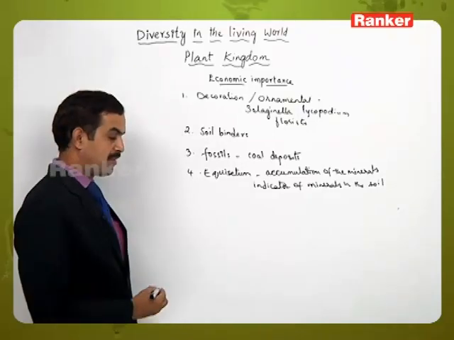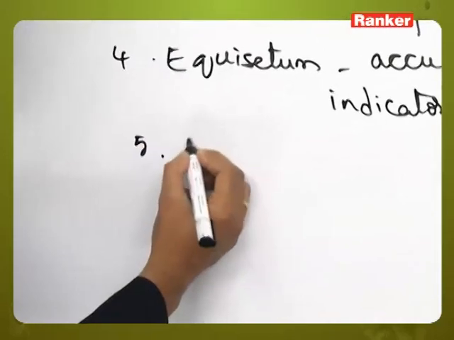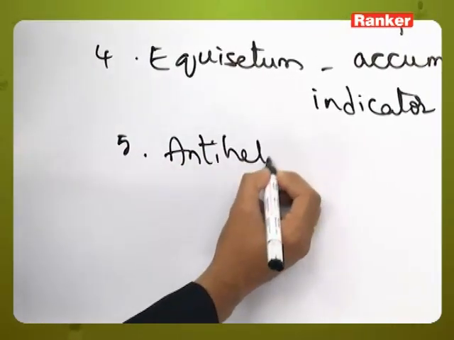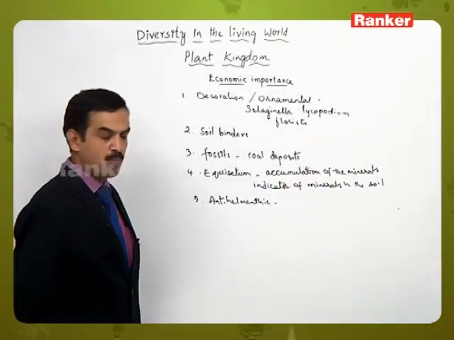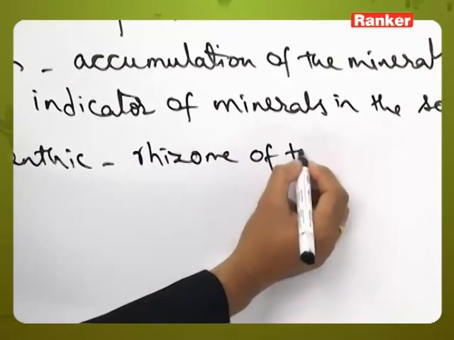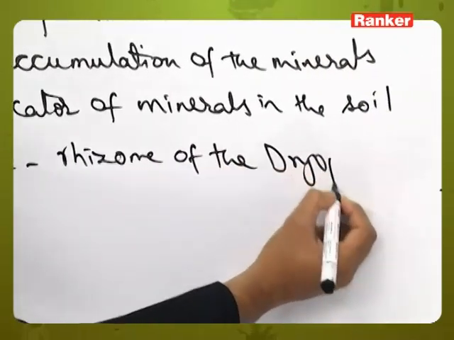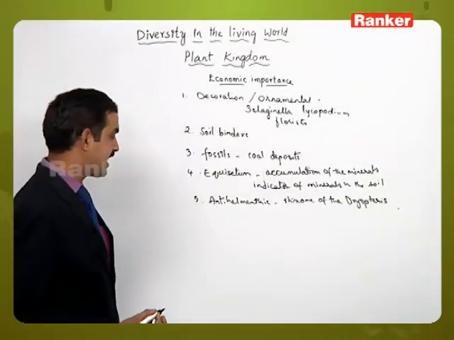And some of them are used as an anti-helminthic purpose. That is, the rhizome of the Dryopteris species is used as an anti-helminthic one.